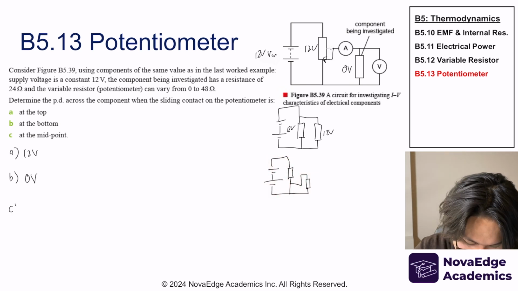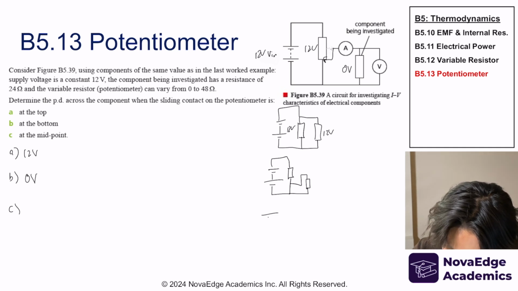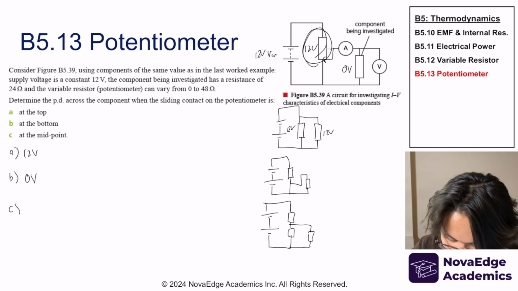Okay? Now part C, what if it's at the midpoint? Essentially what's going on in the circuit, if I were to draw it, it's as if I divided this resistor into two, and I brought it in the middle.